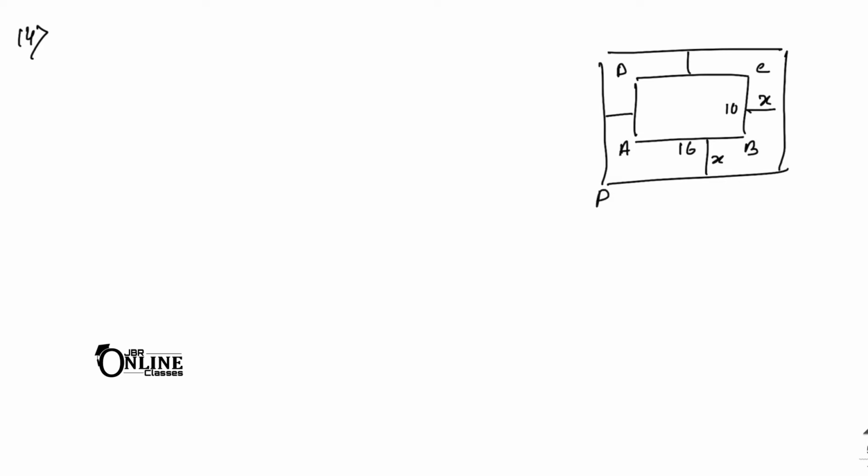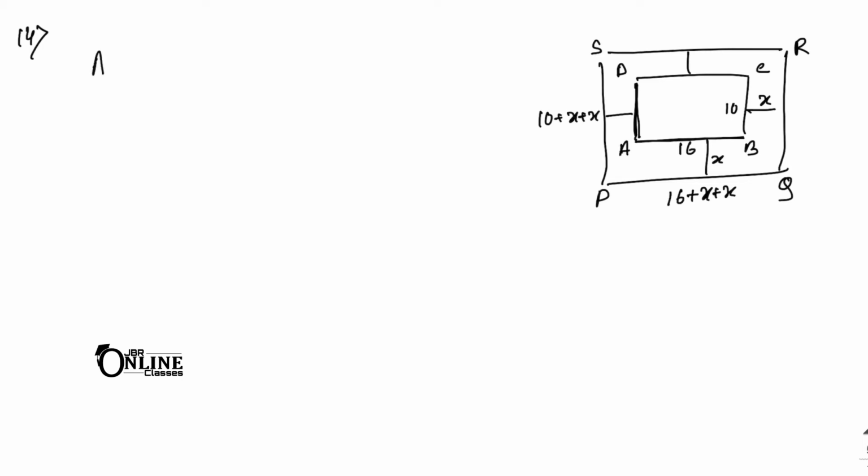So suppose this one is PQRS. So as here AB equal to x, then definitely PQ equal to 16 plus x and plus x. Okay, as same as here AD equal to here 10, so it will be here 10 plus x and plus x, that means PS.